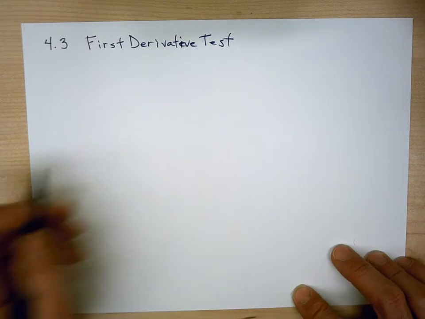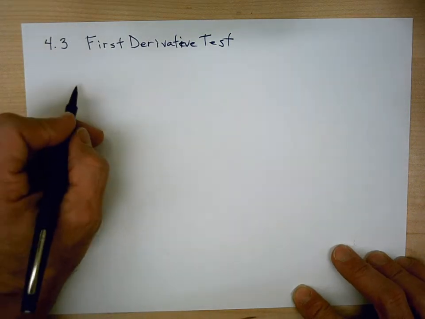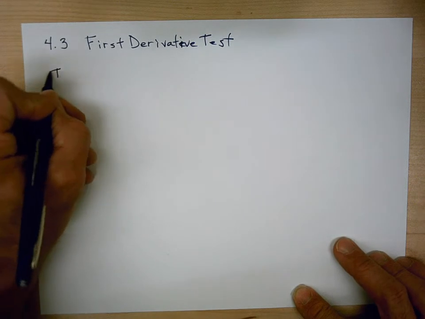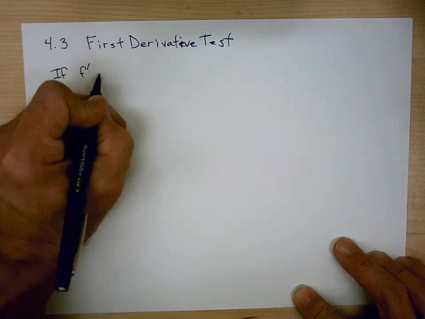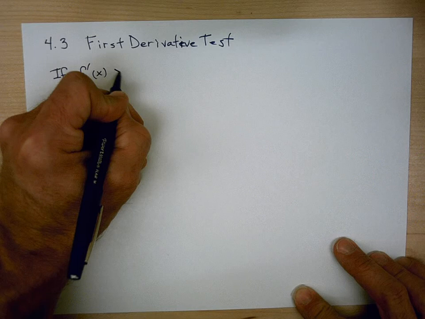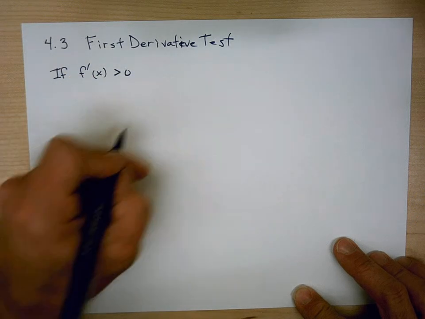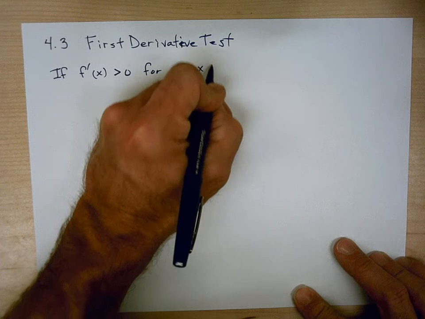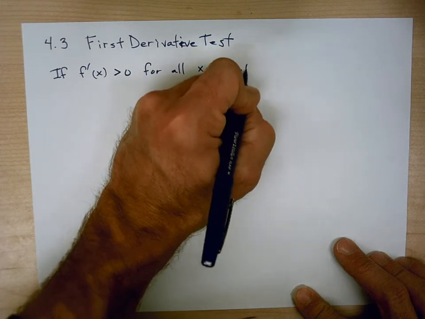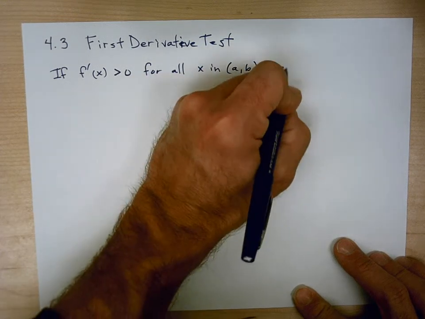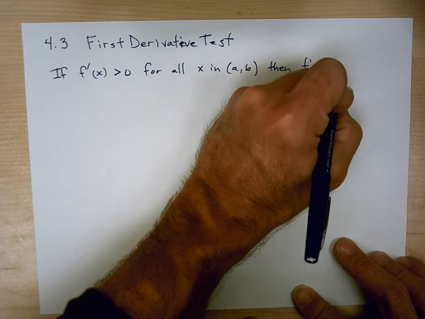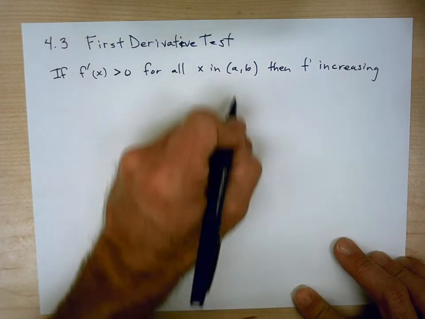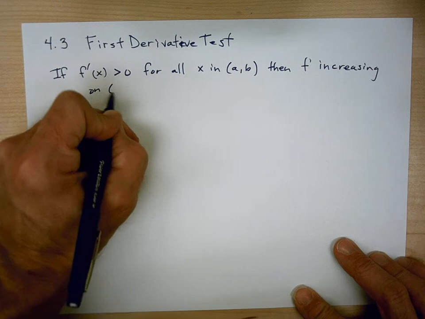All right. So from Lab 8, recall that we determined that if the derivative is positive for all x in some open interval a to b, then f was increasing on that interval.